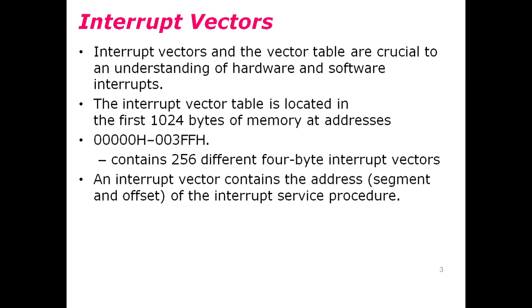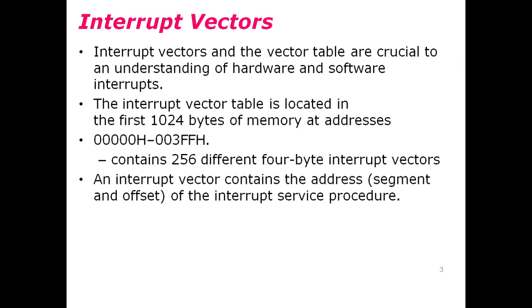This 1 kilobyte of memory, defined in the starting addresses of the memory, contains 256 different 4-byte interrupt vectors. So each interrupt vector is a 4-byte data structure, and there are 256 different vectors.